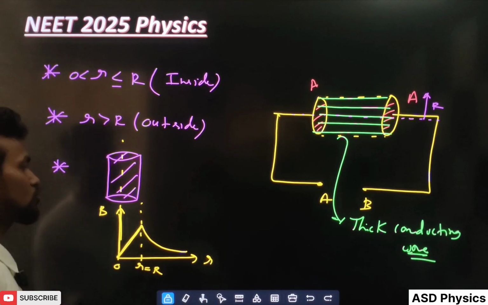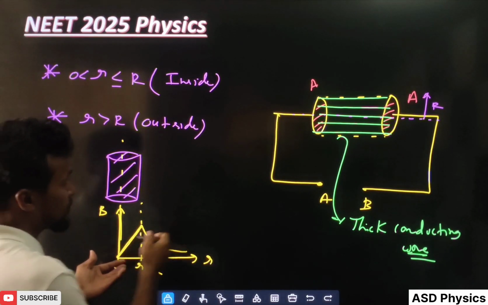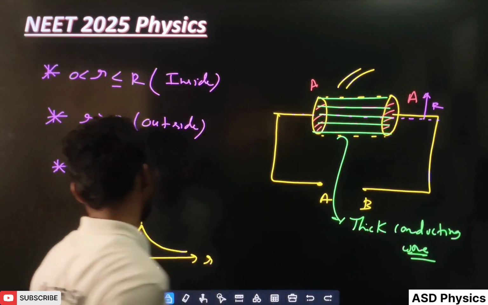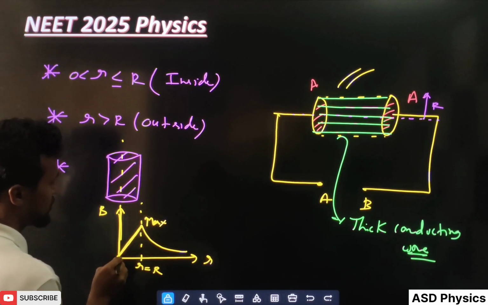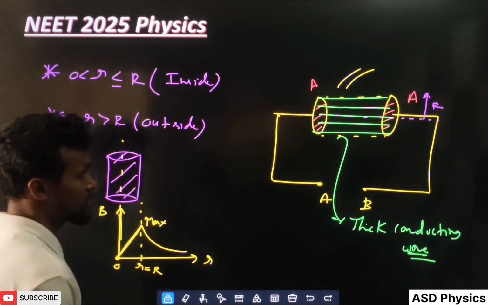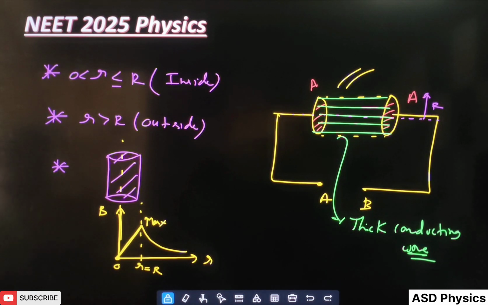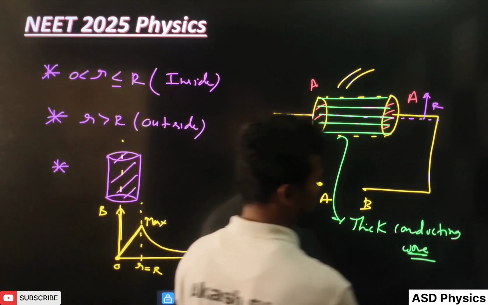Now this is due to the thick wire. So the same kind of graph will be applicable here also. That means maximum at the surface, 0 at the center. Very simple, this will behave as a thick wire here.